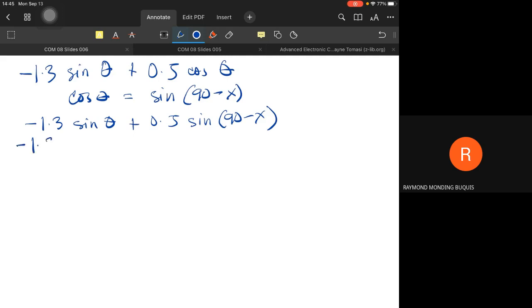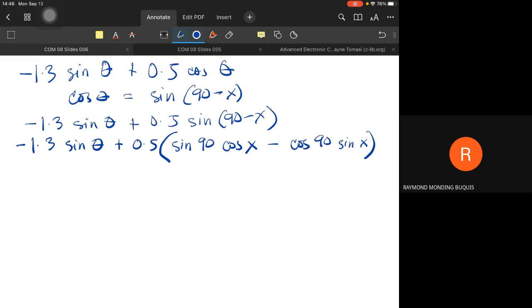Ano siya? Sine 90 cos x minus cos 90 sin x.